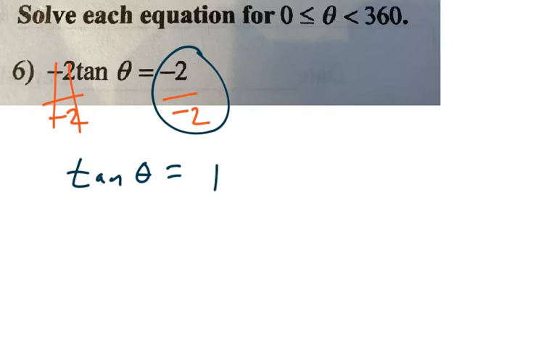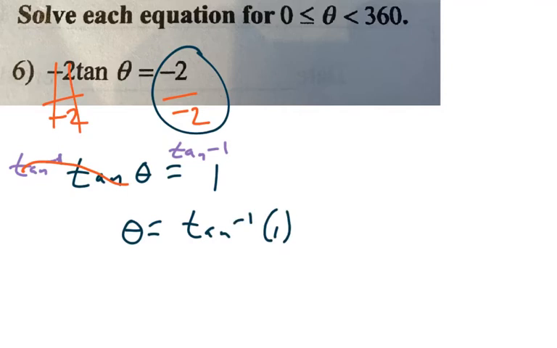Okay? And to find theta, I'm now going to do a tangent inverse on both sides, because tangent inverse, of course, is the inverse of tan. So I'm left with theta equaling the tangent inverse of 1.